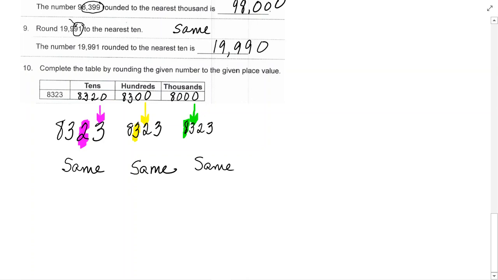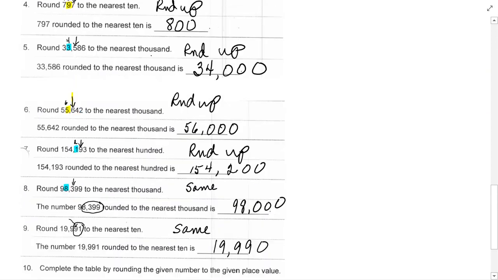Remember that behind the place that you're rounding always ends up with zeros. This one ended up with 1 zero, this one ended up with 2 zeros, this one ended up with 3 zeros.